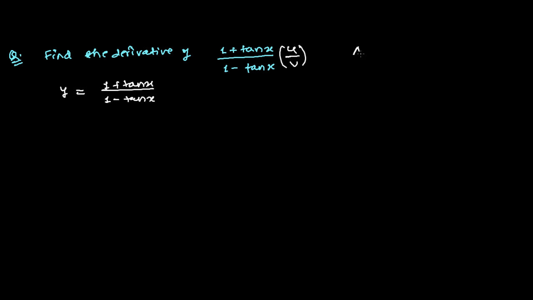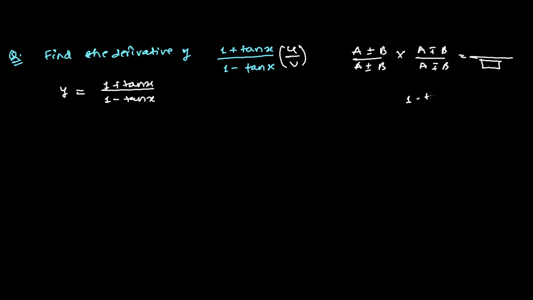In previous videos, when we got something like (a plus minus b) over (a plus minus b), generally we used to multiply and divide by the opposite sign, a minus plus b, and we used to get some identity in the denominator, right? But here, if you multiply and divide by the opposite sign, what are you going to get?